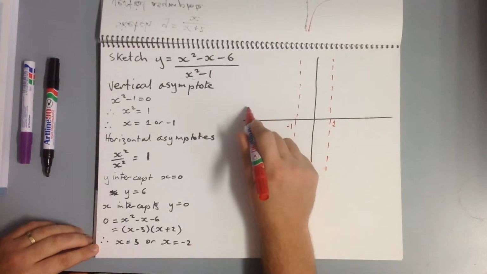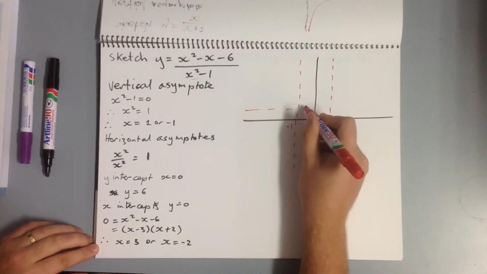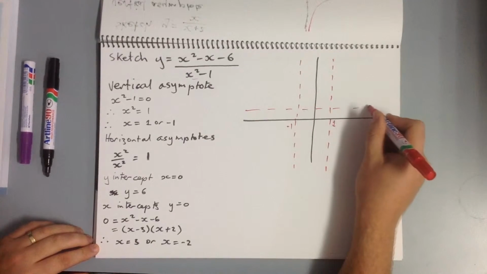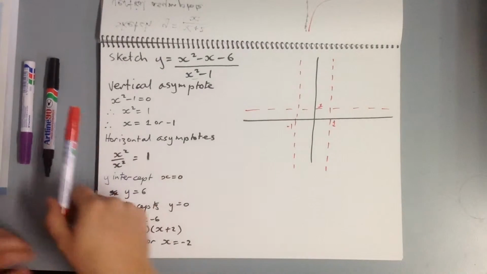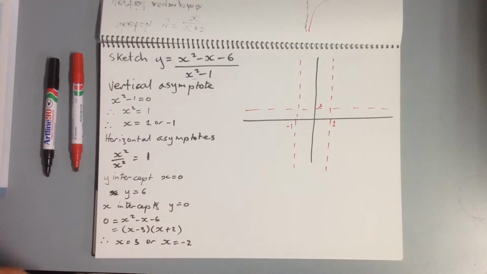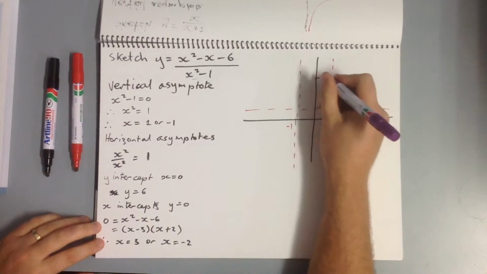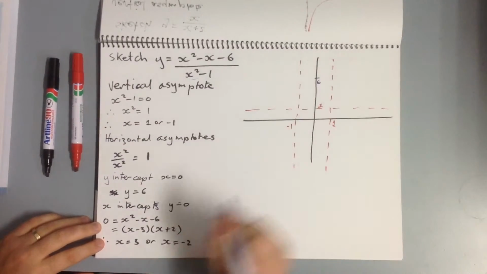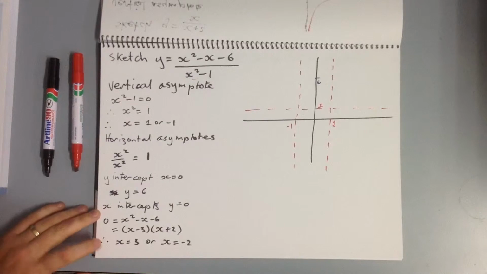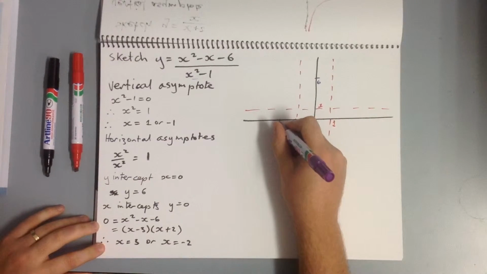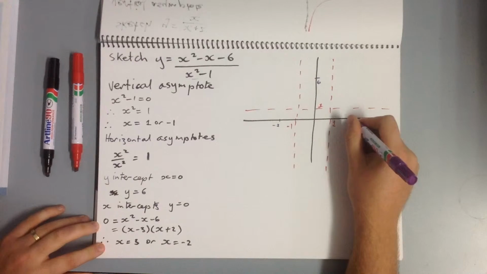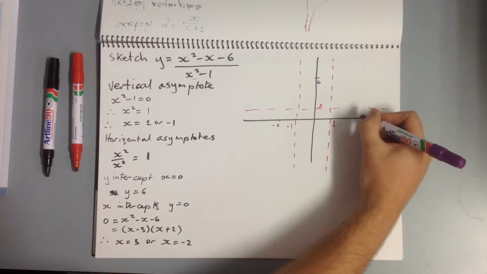You can see our graphs are getting a little bit more complicated now. We also know that we've got a y-intercept at 6, up here at 6, and we've got x-intercepts at -2 and at 3.